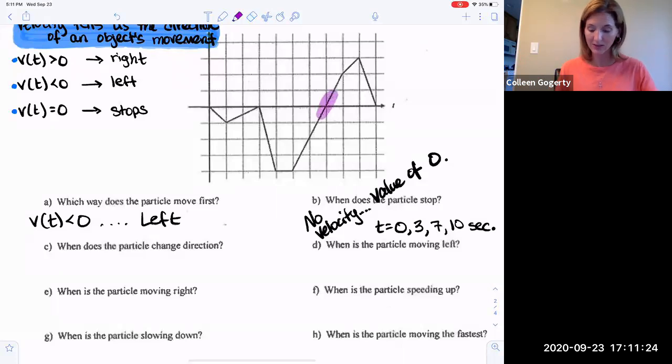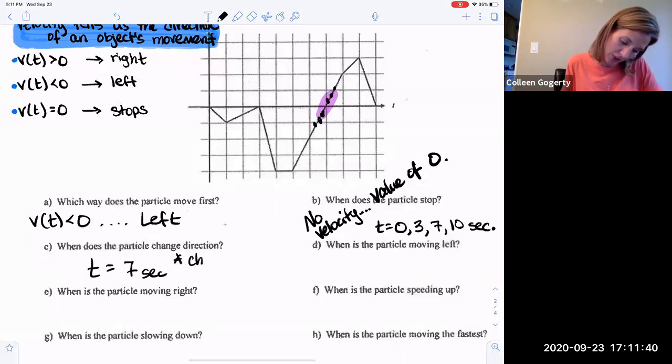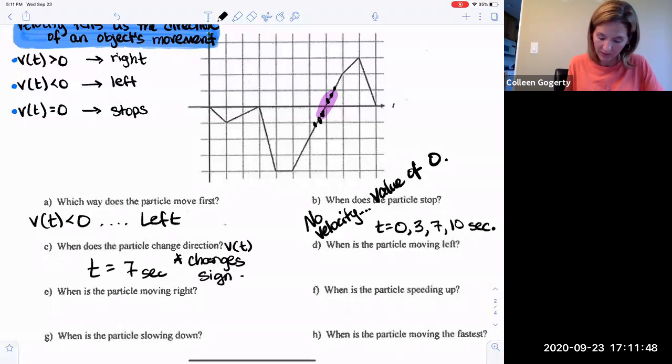Right here. This is the only location where we go from negative, negative, negative outputs to positive, positive, positive outputs. That happens at t is 7 seconds, where v of t changes sign from negative to positive.